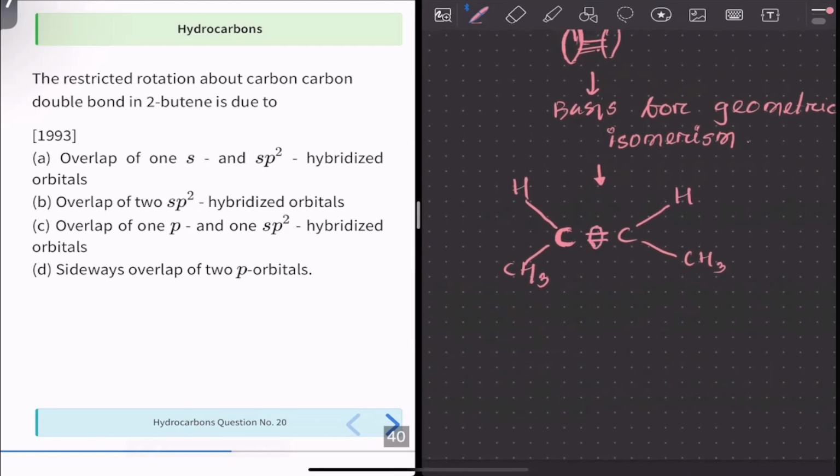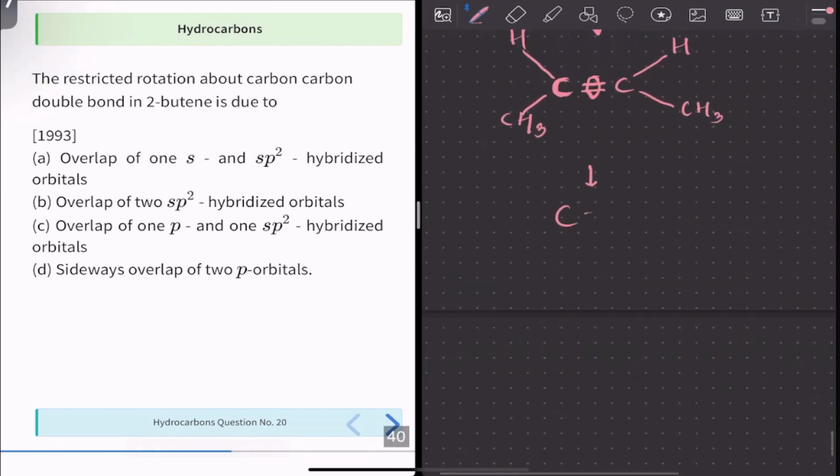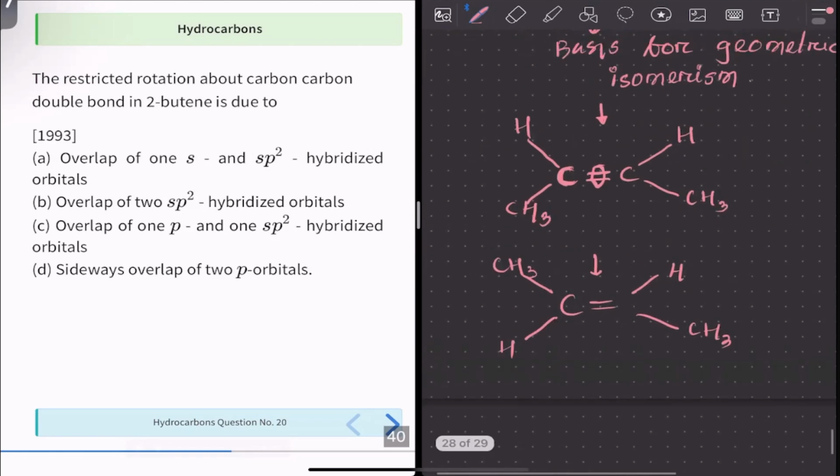As this bond is restricted, if we move the methyl group here and the hydrogen here, these two compounds will be different in their spatial arrangement, because one can't be converted to the other spontaneously.